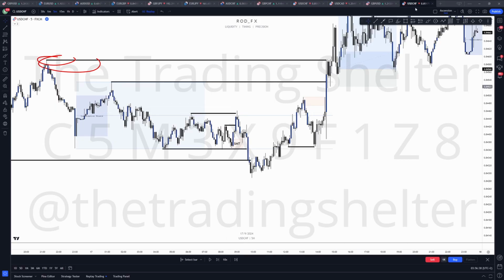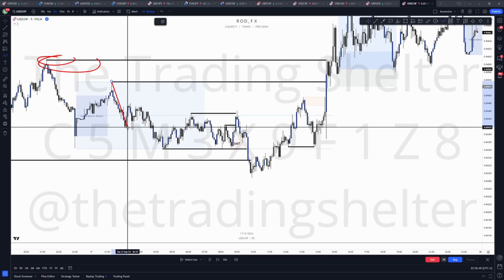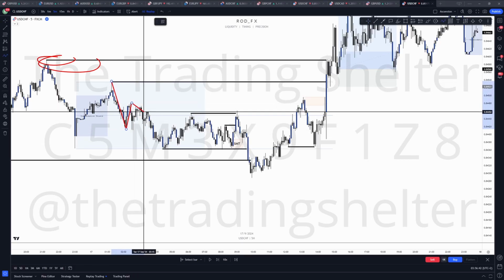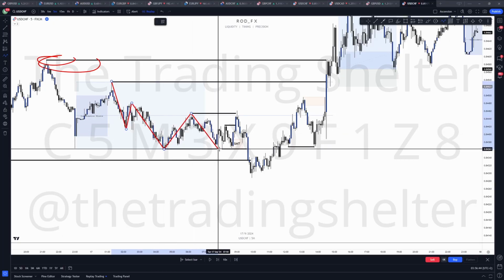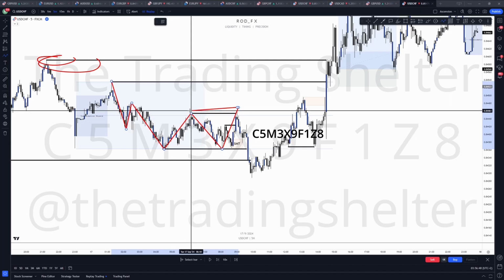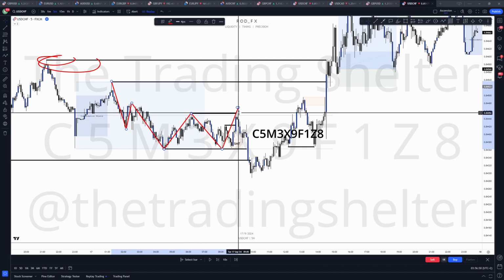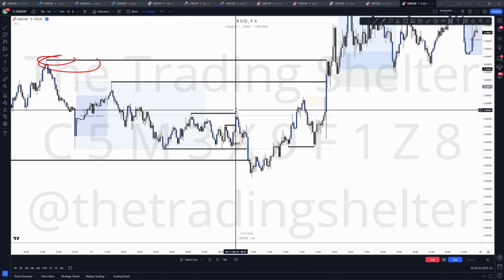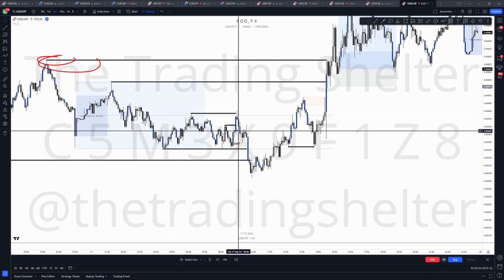The structure has switched, and this is why you should practice identifying structures. As you can see, this close above is clear as day. Some members ask me, does it need to go with a wick or whatever?